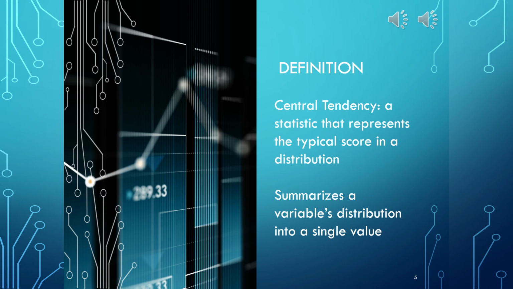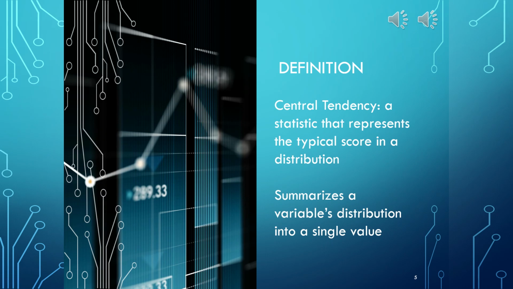As good scientists do, we have to begin with our definitions, right? So what is central tendency and what are the measures of central tendency? So a measure of central tendency from the book says it's a statistic that represents the typical score in a distribution. And it really is just a way to summarize an entire variable's distribution into a single value.